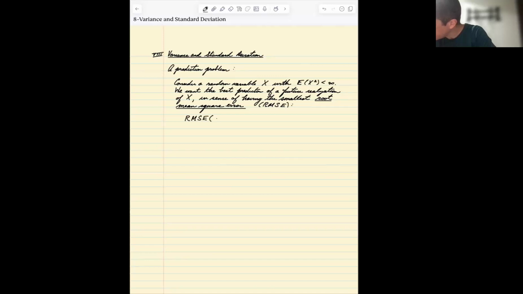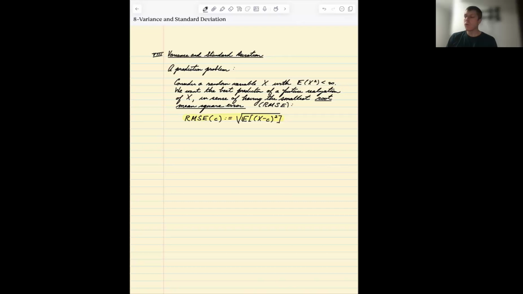If we predicted the value c, the root mean squared error is defined as the square root of the expectation of (X minus c) squared. Think about what this is saying. Ignore the square root for now.